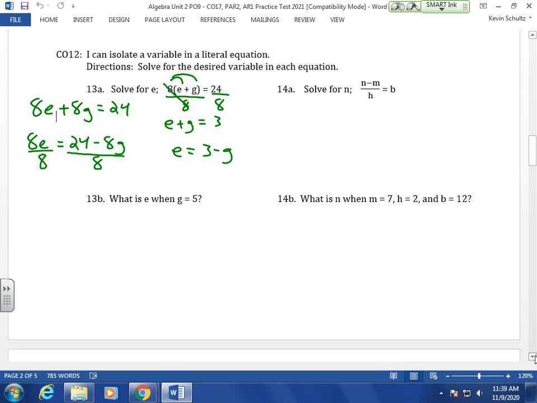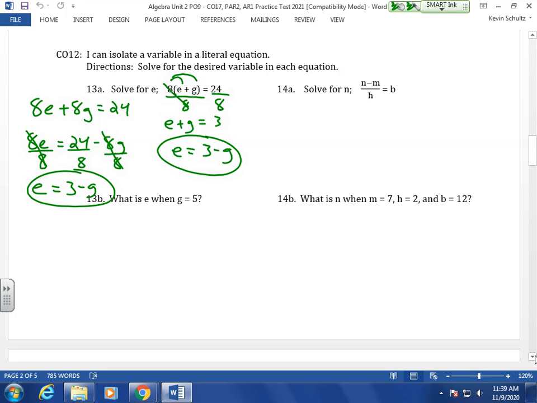You're dividing both the 24 by 8 and the negative 8g by 8. So on the left side, e is by itself. On the right side, 24 divided by 8 equals 3. And negative 8g divided by 8, the 8s cancel out, and you get the same answer. It's just a little bit more complicated.